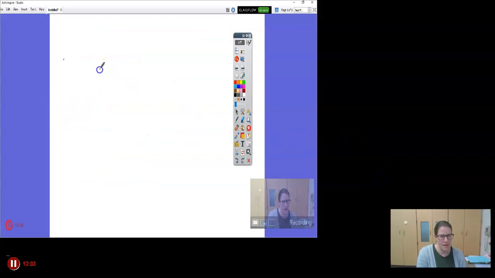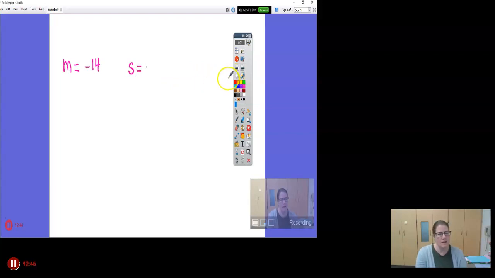If I have m equaling negative 14 and s equaling, let's say, negative 5. Okay, I need two numbers that are going to multiply to negative 14 and sum to negative 5.